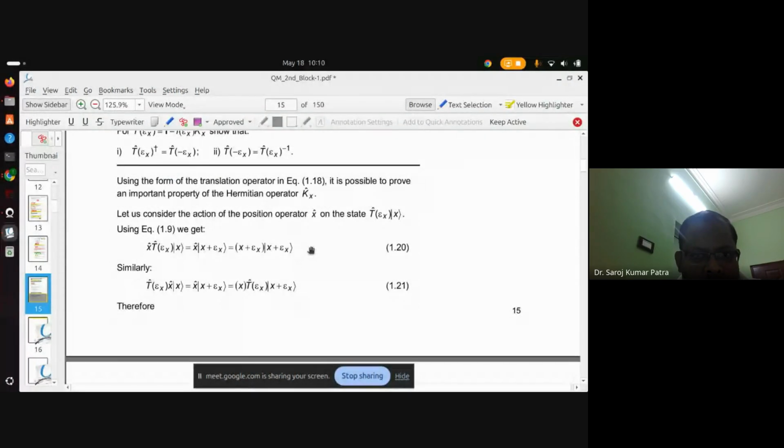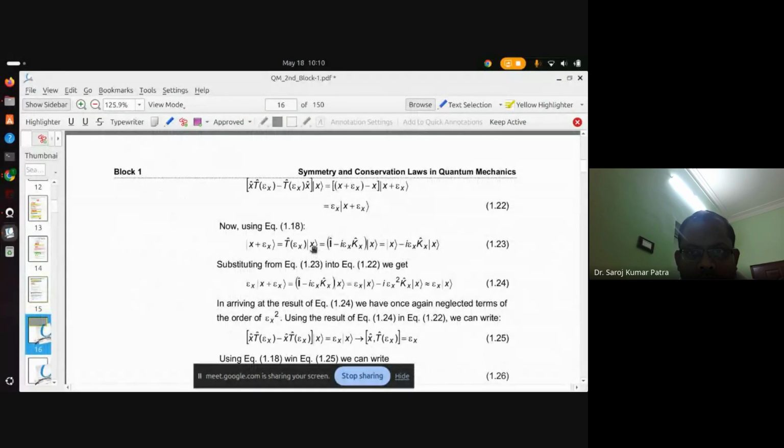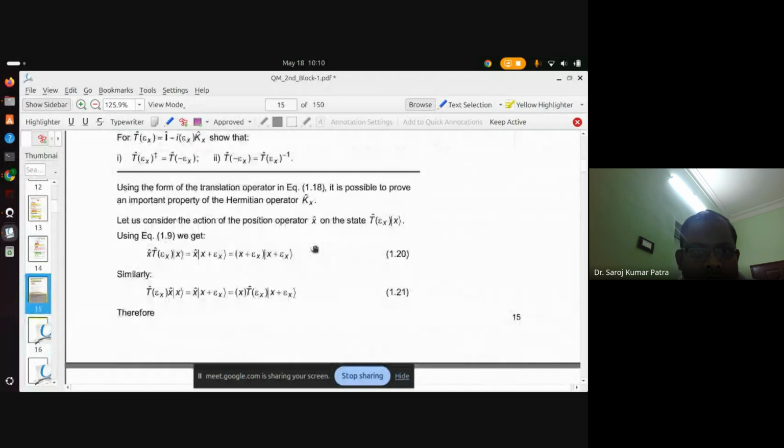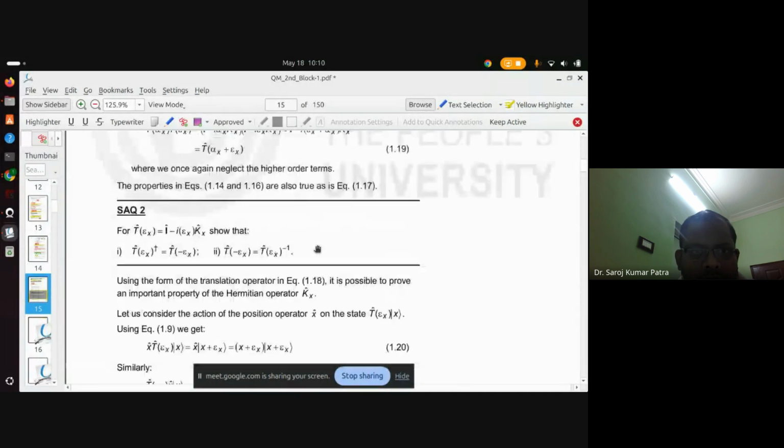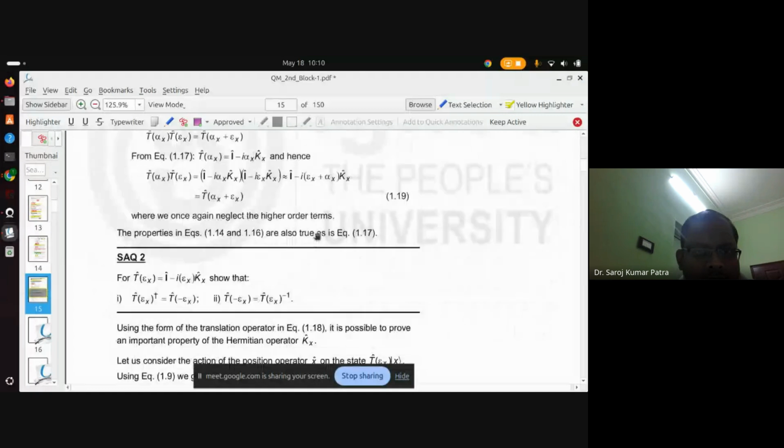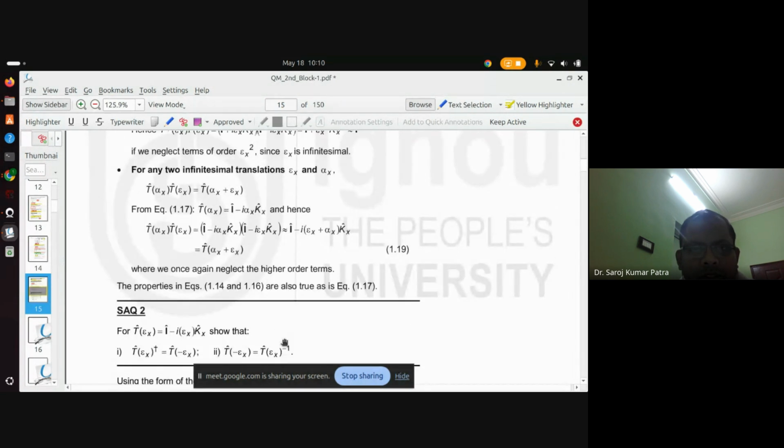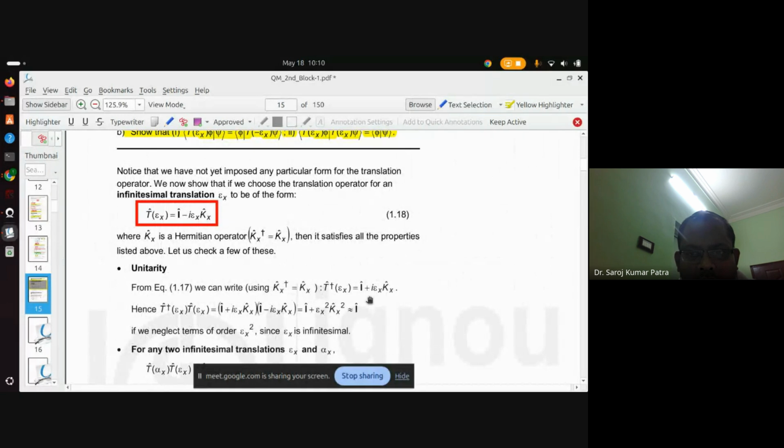All right. So these short questions you can all try: if the T operator is in this form, then what will be T dagger? You can try to find. We already have seen T dagger, and T of minus epsilon x will be equal to T inverse. These problems can be solved if you understand this one and this one over here.